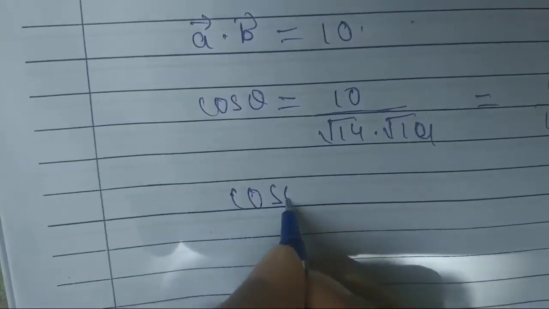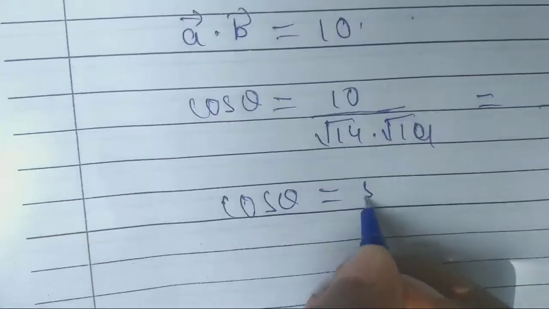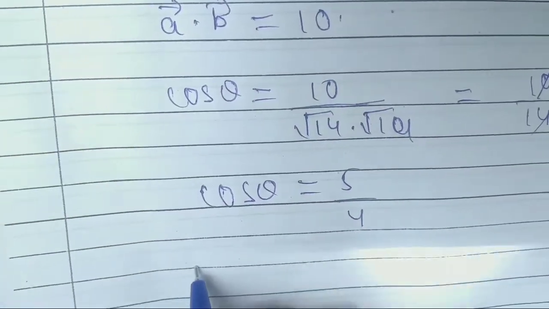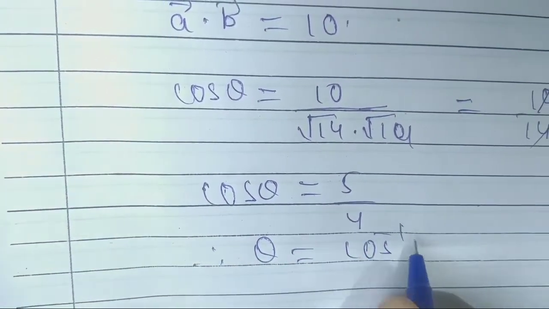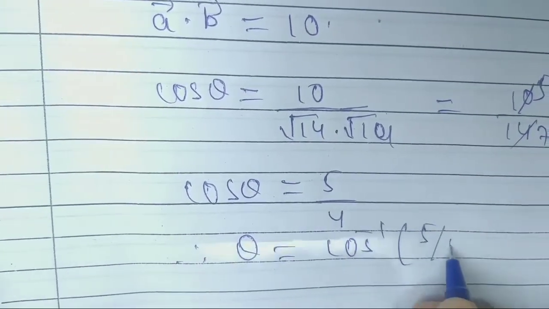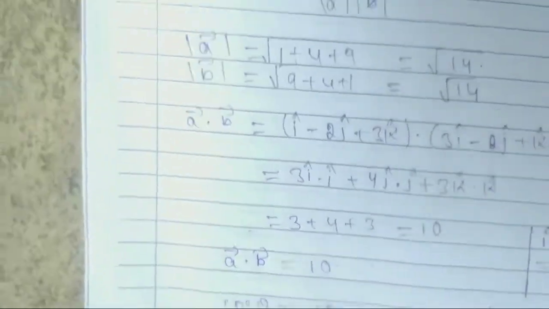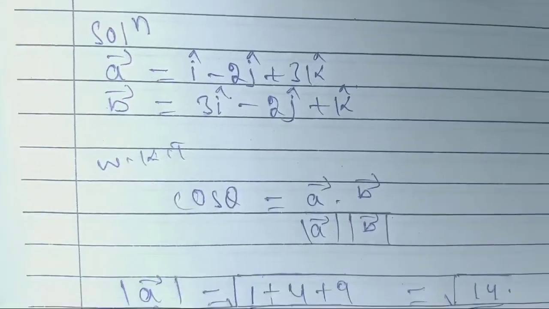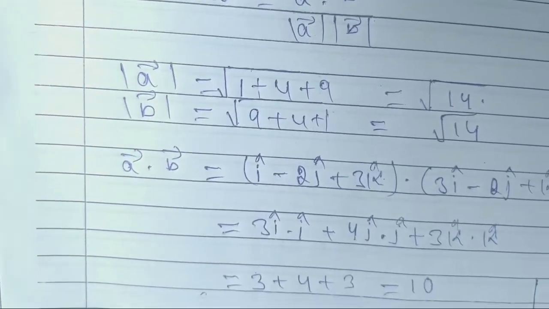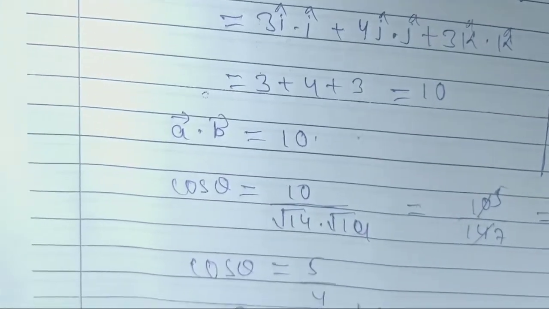Here cos theta is equal to 5 by 7. Therefore theta is equal to cos inverse of 5 by 7. So in this way we can find out the angle between the two vectors.